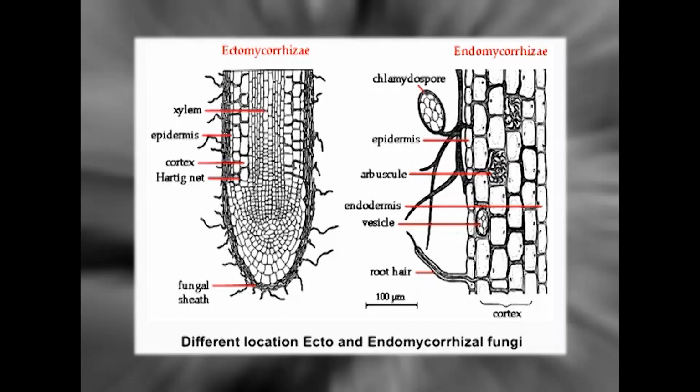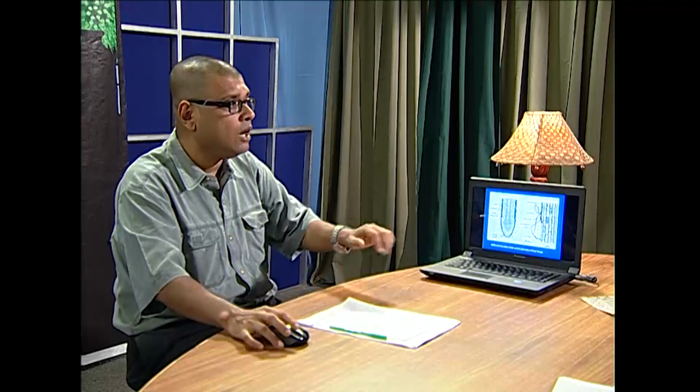Number two, this colony of mycelia, as I was showing you, will take in more nourishment, make the root more healthy, and make the plant grow in a better way. So that's why these VAM fungi, or vesicular arbuscular mycorrhiza, have different growth forms which are beneficial to the plant. They may not always be beneficial to humans, but we are rest assured that we are not always exposed to it because they are underground.